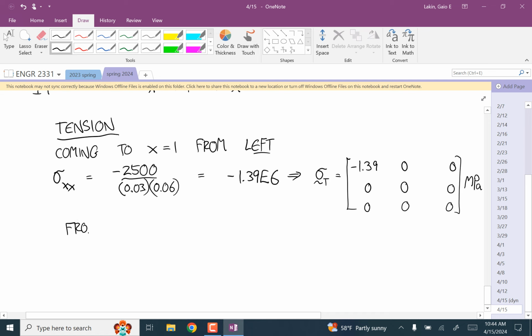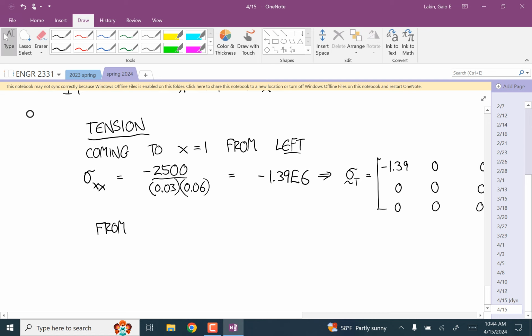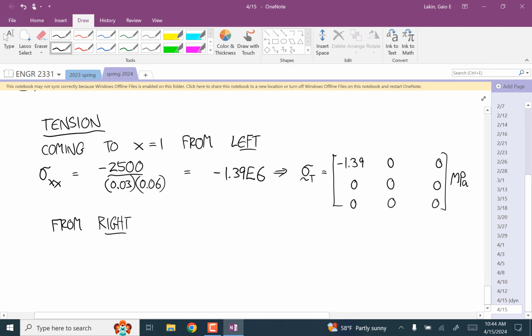Coming from the right side, the only change is that the internal tension is positive 2,500.